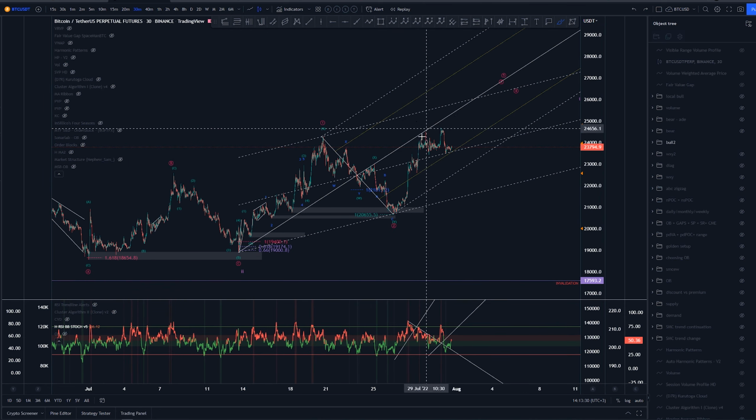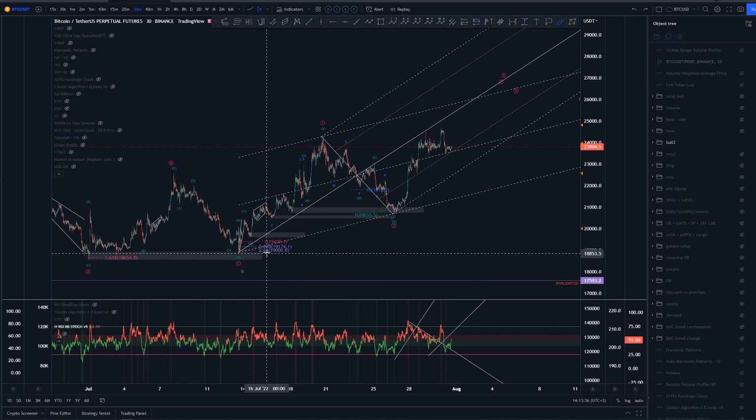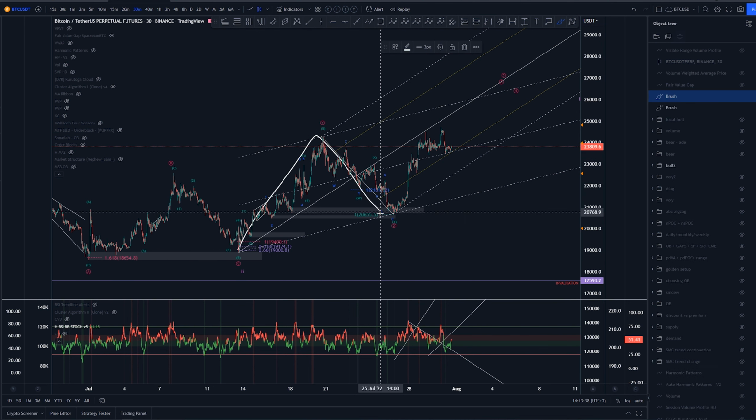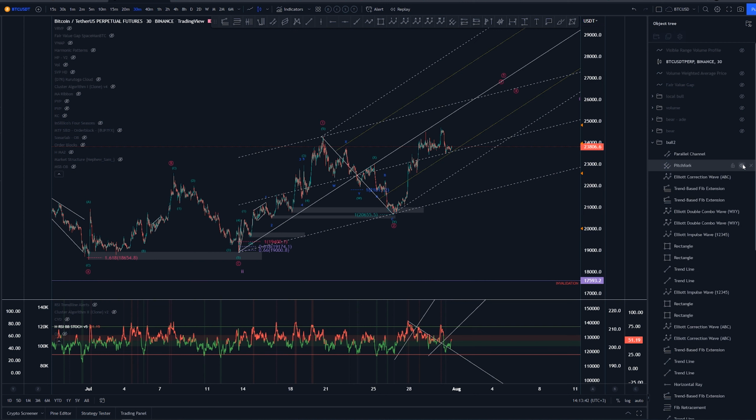And then again, we would be looking for this channel to be holding, where we have this pitchfork pivoted from 0 to 1 to 2, and we can see this pitchfork, very nice. We have the golden 0.618, whatever it's called, Fibonacci number there plotted as well, and that's all.